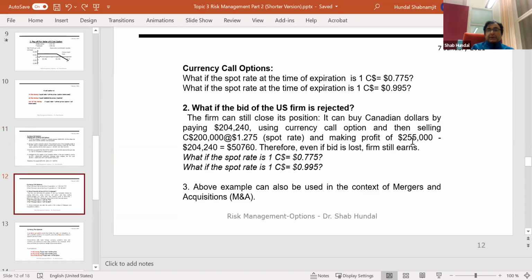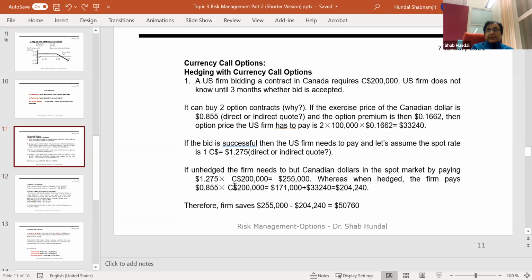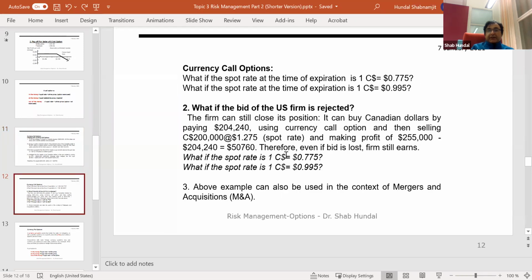You can buy the 200,000 Canadian dollars by investing this amount of money and then sell them at this price. And thus you can still make a gain of 50,760.